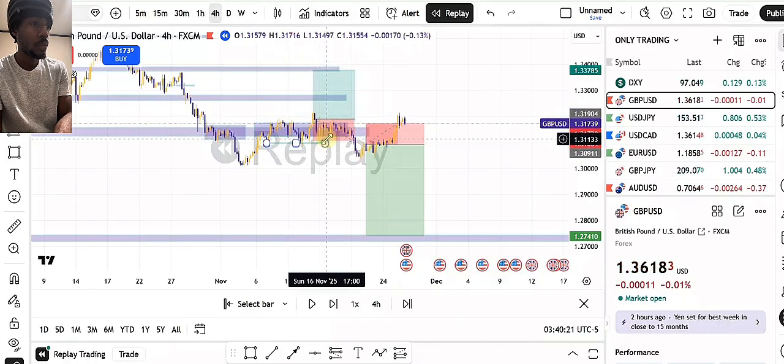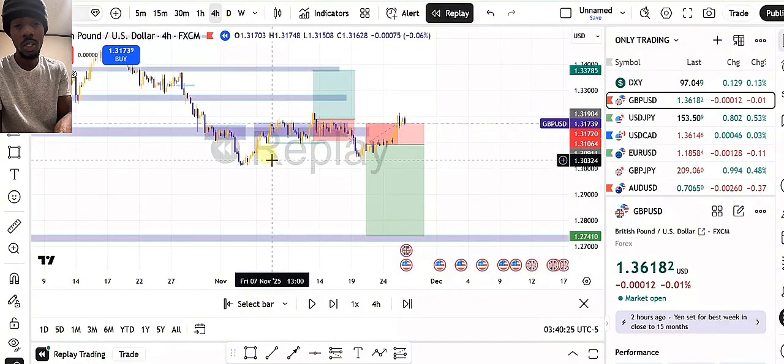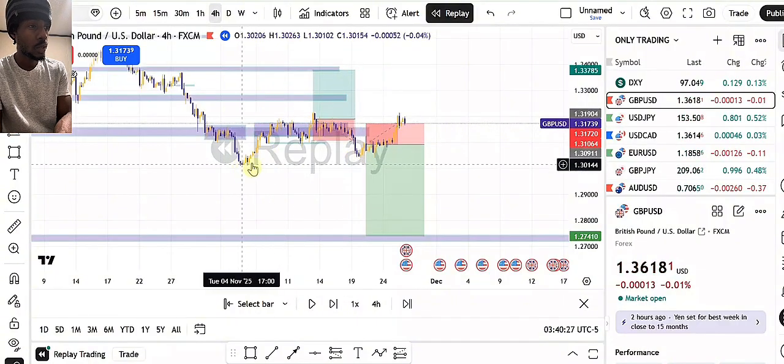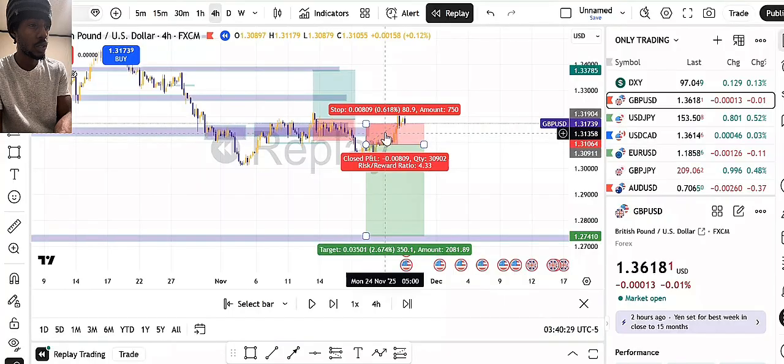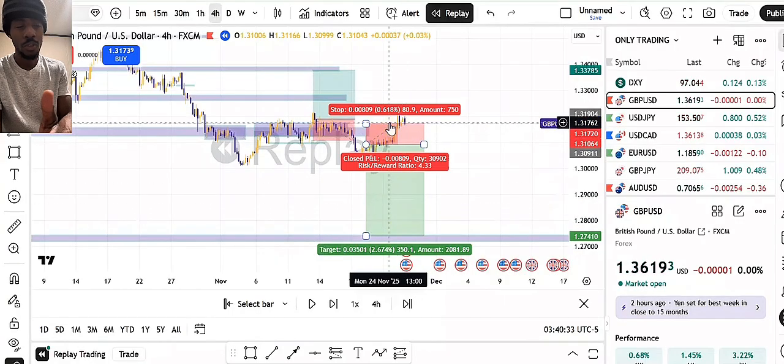And then we let price break above this, didn't wait on a retest, so that's how we lost. And then we came down here, didn't wait for price to break below this, come down and retest, and then come to this level. So that's how we lost 2 trades. Not waiting on a retest and not waiting on a break. So basically one was too early, or 2 of them were too early.